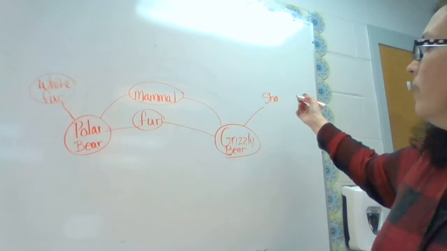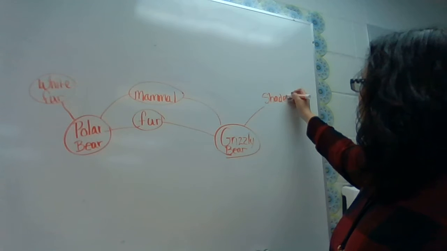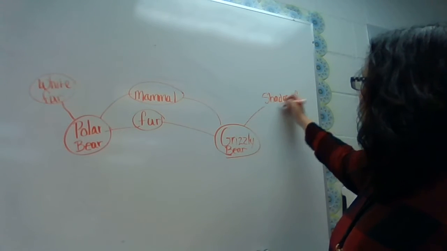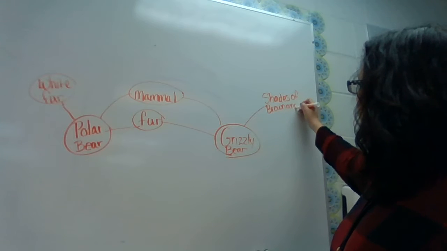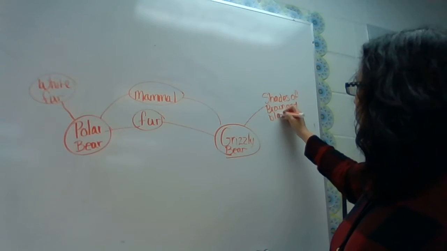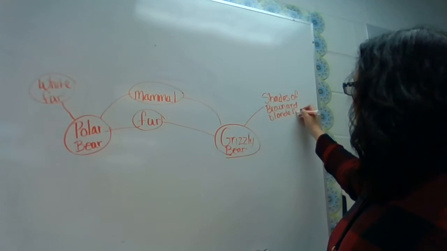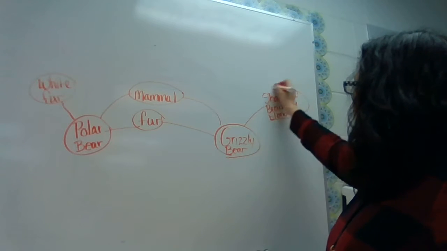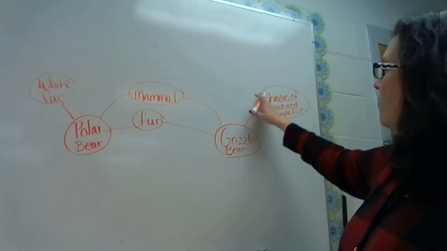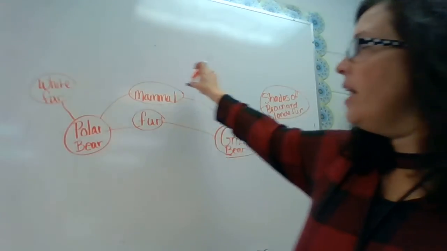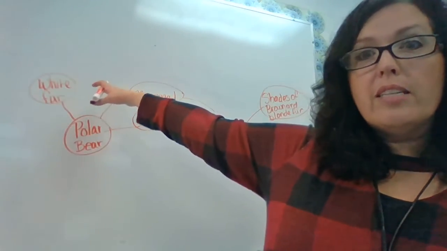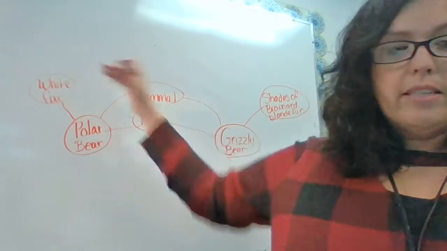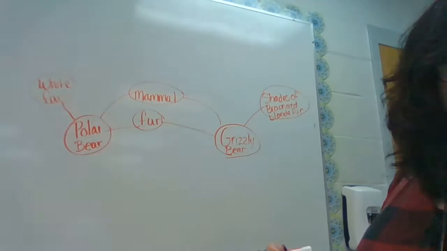So we're going to say shades of brown and blonde fur. And remember, we talked about this the other day, that if I have this one up here at the top, I want to kind of have this one across so that when I'm contrasting, I can see what the difference is really easily, okay?